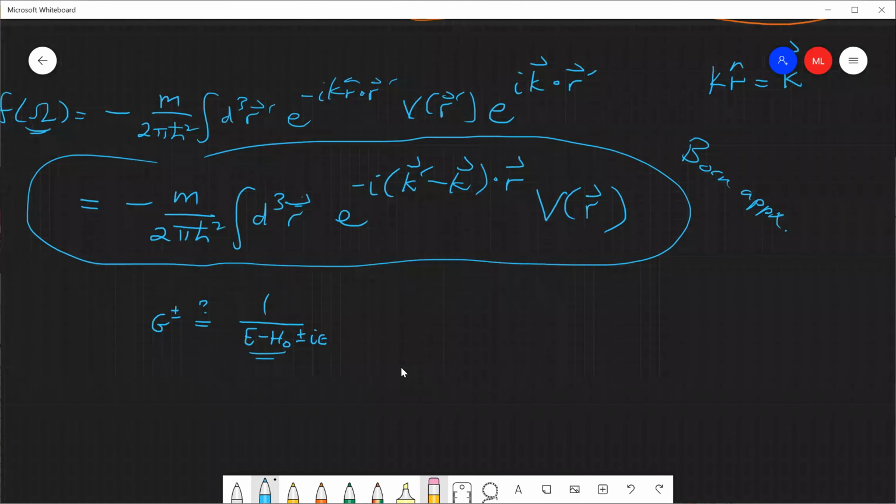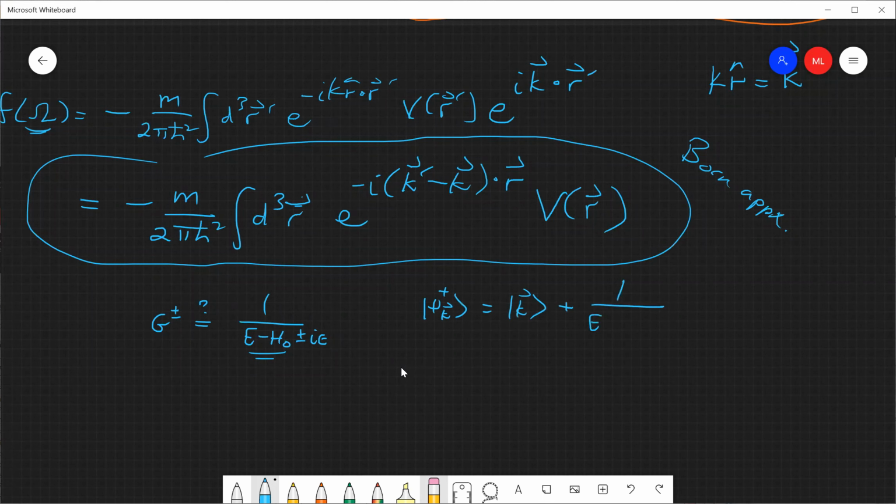And so then the Lippmann-Schwinger equation in terms of operators is the incoming plane wave plus G plus acting on V psi plus, with k.